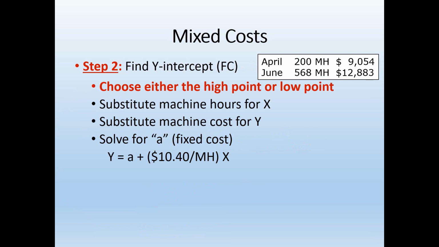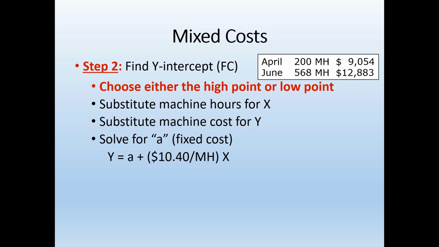The next step is to find the y-intercept. That is the place where the mixed cost line crosses the y-axis, and that point represents total fixed costs. To find that point, you need to look at either the high point, that is data from June, or the low point, that is data from April.